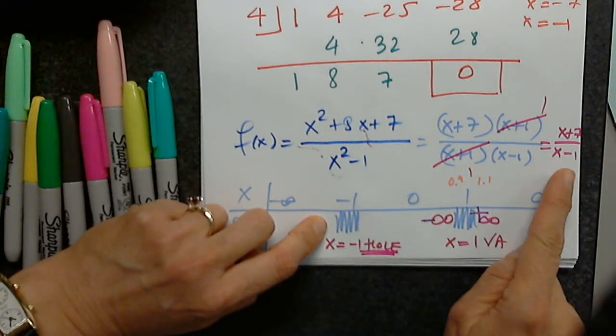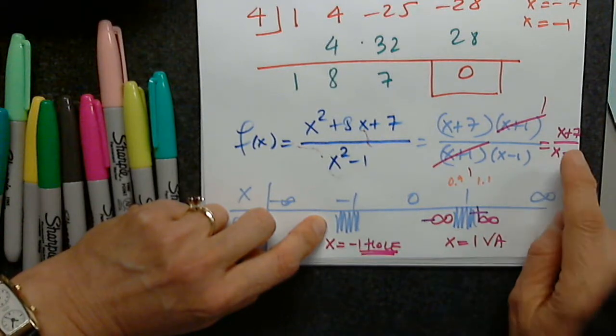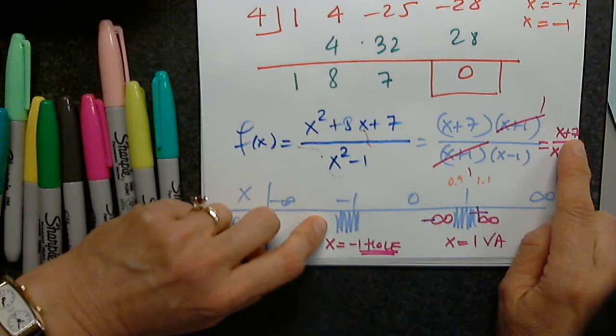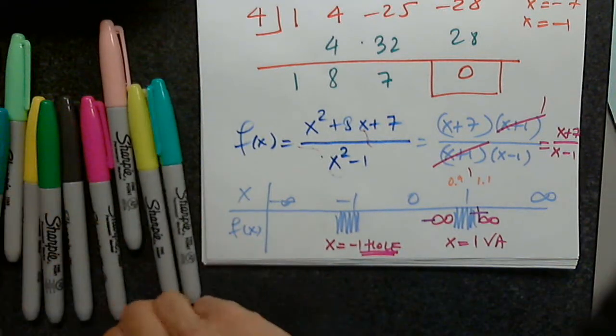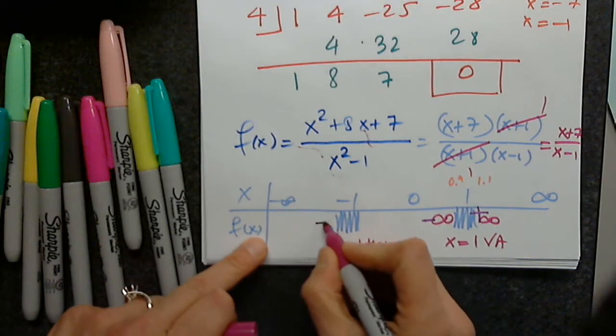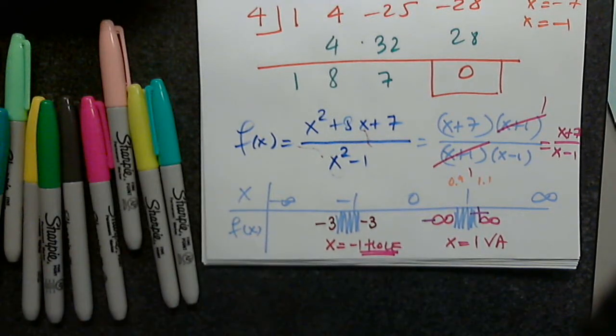So I plug in -1 in this form. -1 plus 7, 6, over -1 minus 1, -2. 6 divided by -2 is -3.